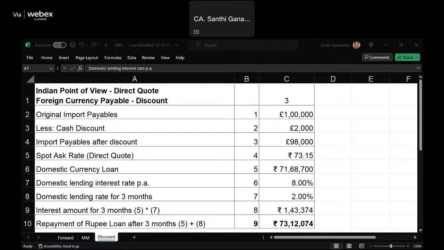So we have seen for a foreign currency receivable what we should do. We have also seen for a foreign currency payable what we should do.